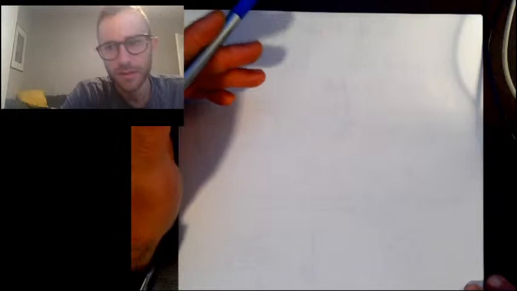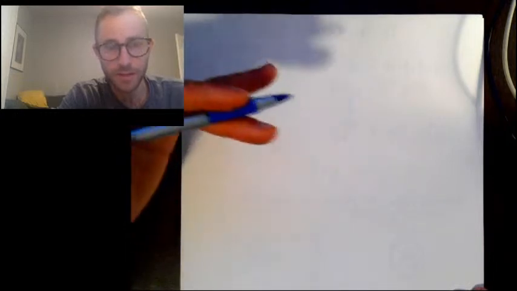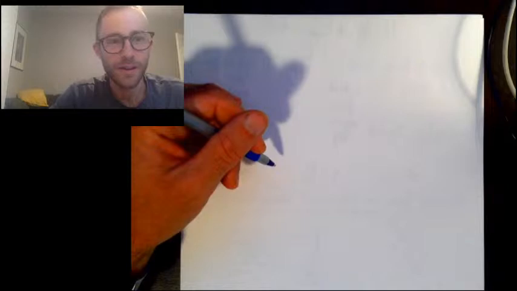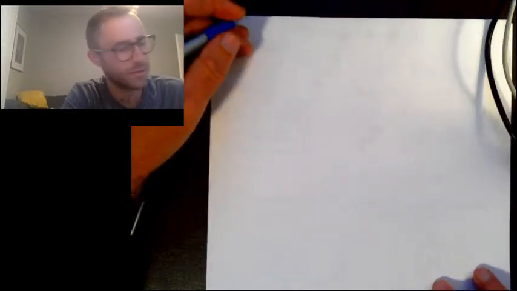Another thing that is commonly used is to not express the planet in terms of its mass. You could express it in terms of density. So if you have a spherical planet, did you guys ever learn about density?